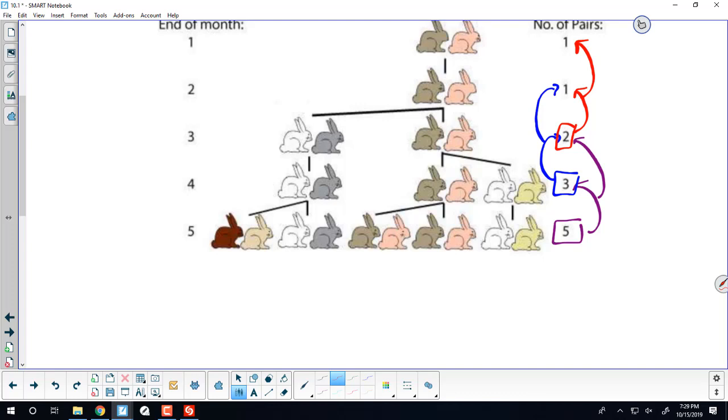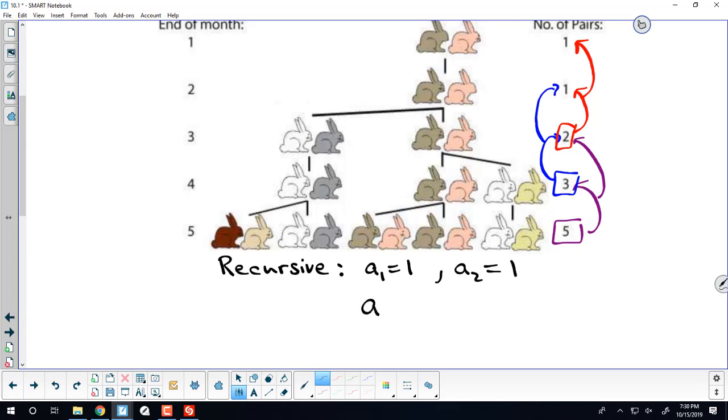So recursively, and we'll write the pairs down here in a minute, since the next term is built upon the 2 terms prior to it, we basically need 2 initial conditions. You need the first and the second terms.